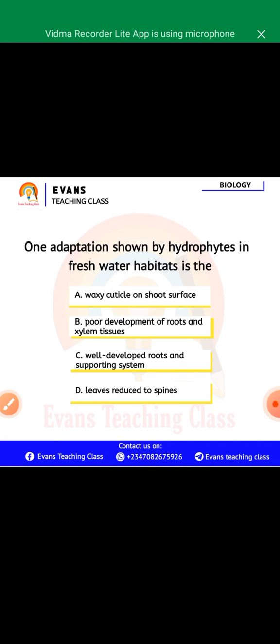Xerophytes are plants that grow in a place that is dry, maybe a desert or a place with absence of water. So a xerophyte will be looking for a method to conserve the little water it has because it grows on dry land.